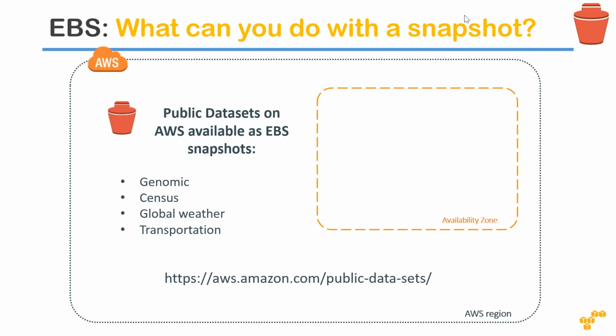You can create a snapshot into your account and start using that data itself. In other words, people have created data sets and made those EBS volumes shareable so that you can share them with the rest of the world. Some examples are genomic, sensor, global weather, and transportation related data. There is Amazon IMDb related data also, a movies database is also there. You can try it out when you need.